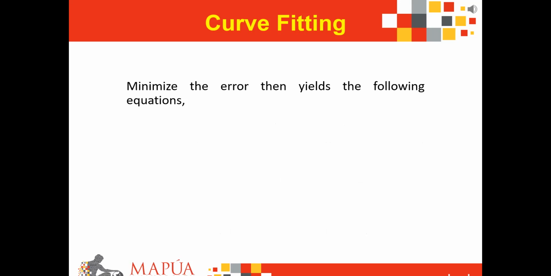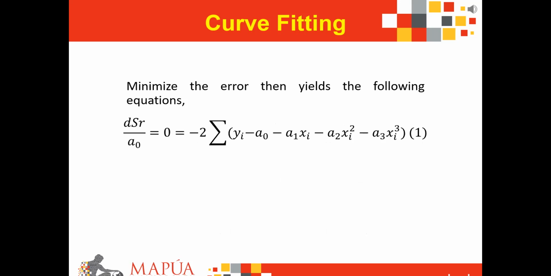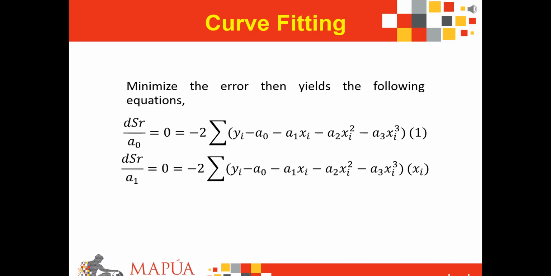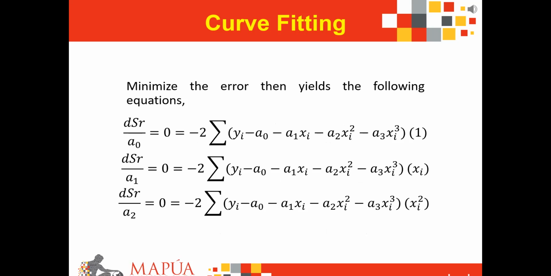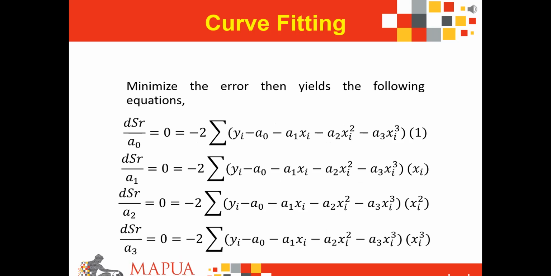And then to minimize the error, we then apply the partial derivative for your criteria this time with respect to A0, partial derivative of your criteria with respect to A1, partial derivative of your criteria with respect to A2, and partial derivative of your criteria with respect to A3, giving us this given system of linear equation. And again, much like what we did on the previous technique, we simply transpose -2 to the other side.